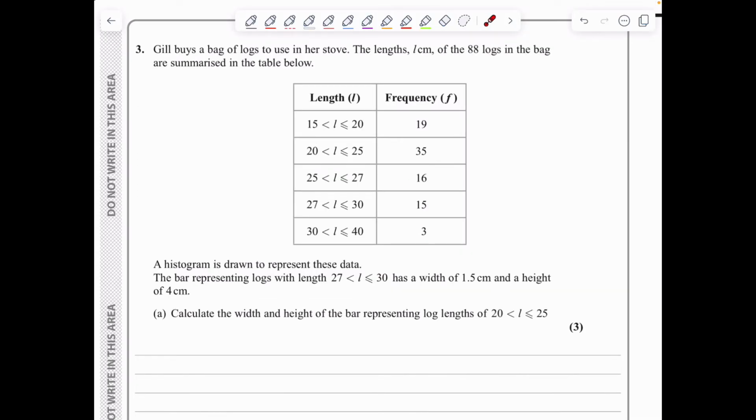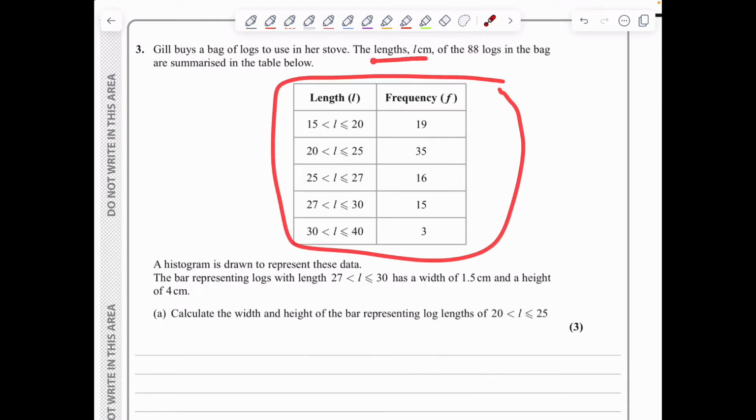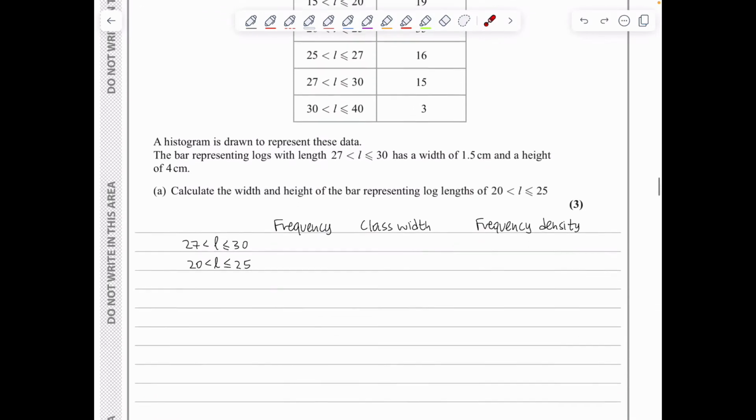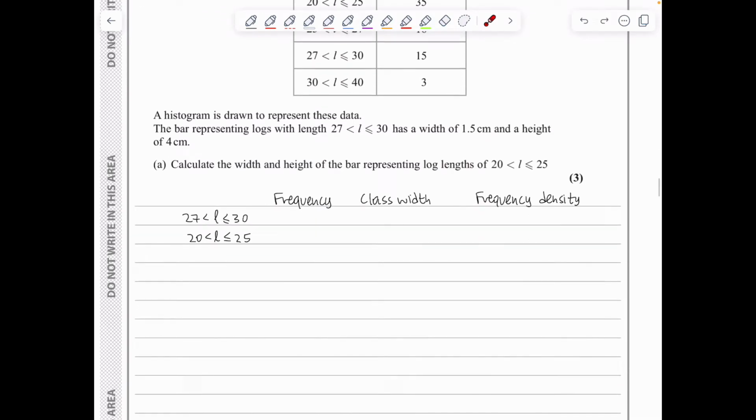In question 3, we've got a grouped frequency table showing the lengths of 88 logs, and we are told that when a histogram was drawn, the 27 to 30 class had a width of 1.5 centimeters and a height of 4 centimeters, and we need to determine the dimensions of the bar for the 20 to 25 class. We'll start by drawing up a table. We've got the frequency, the class width, and the frequency density for the two classes.